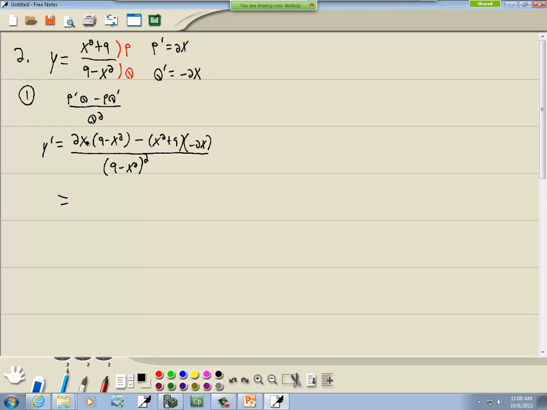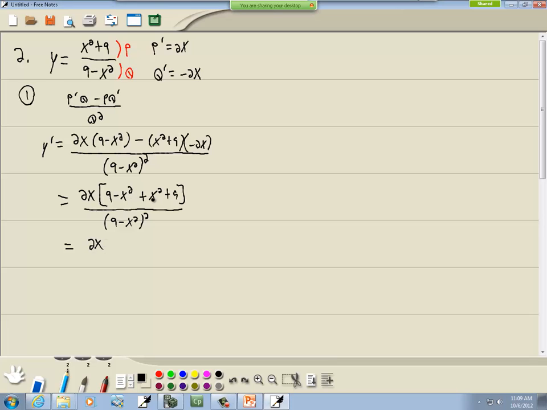Now up on top, they both have a 2x, so I can factor the 2x out in front. Now here we're left with 9 minus x squared. Now over here, we got a negative negative, so that becomes a positive. The 2x is gone, so we got plus x squared plus 9 over 9 minus x squared squared.